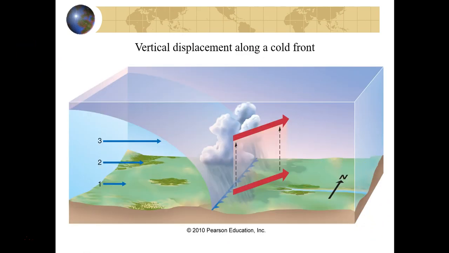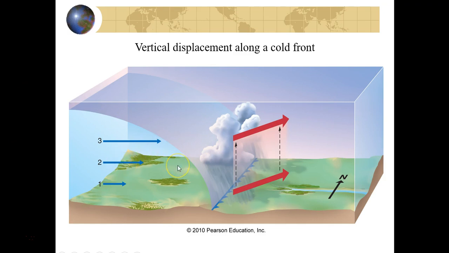So this is what it looks like as a cross-section. Continental polar air is moving to the south. Maritime tropical air is out in front, and as the cold air is pushing and advancing into the maritime tropical air, not only is the maritime tropical air retreating back to the south, along the boundary of the advancing cold air, the maritime tropical air is being thrust upwards over the cold air, and that's where we see this beautiful line of clouds and rain forming, and that's why most fronts are associated with usually very cloudy, wet conditions.